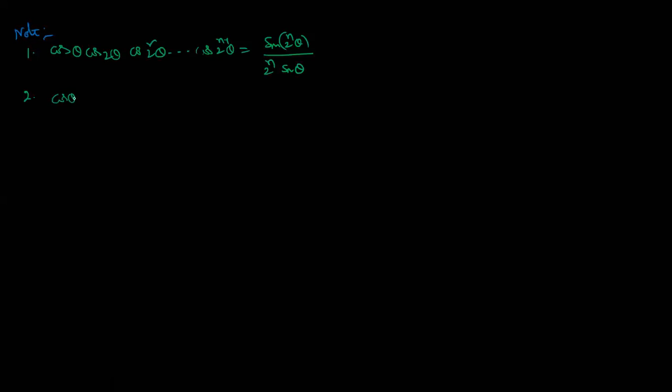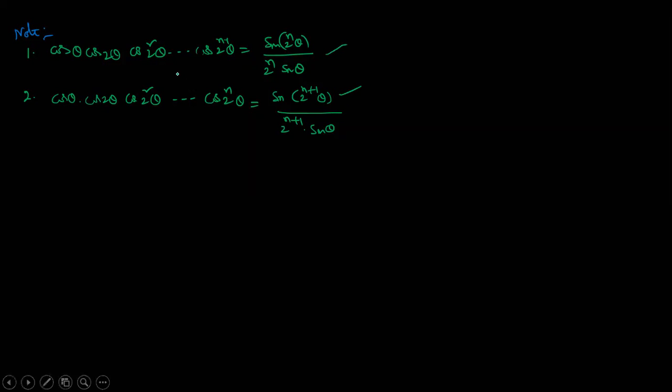See cos theta, cos 2 theta, cos 2 square theta, and so on, cos 2 power n theta means how many times are there? 2 power n plus 1 theta by 2 power n plus 1 into sin theta. Then you are finding the difference between these two cases. In the first formula, there are n terms. In the second case, n plus 1 are there.